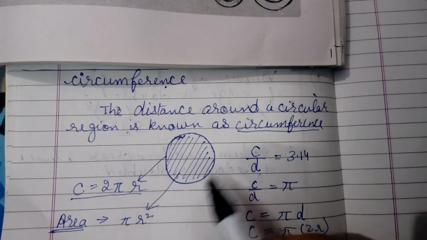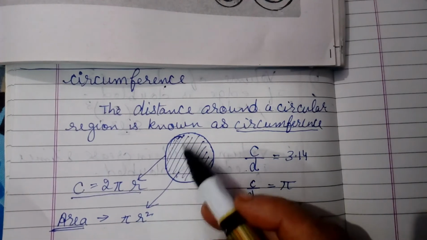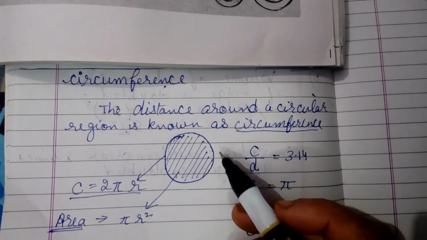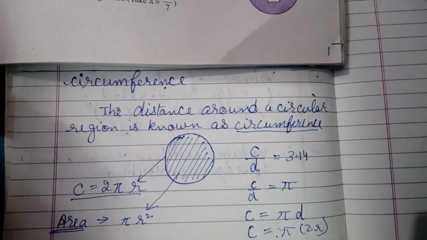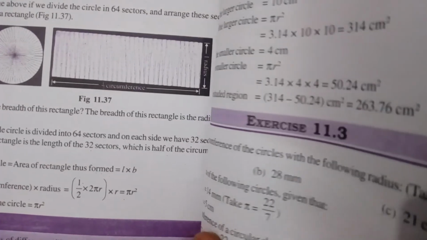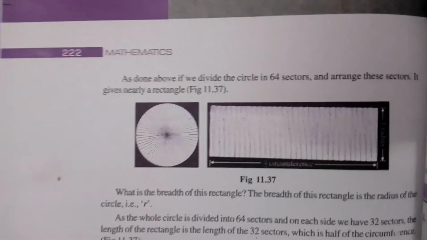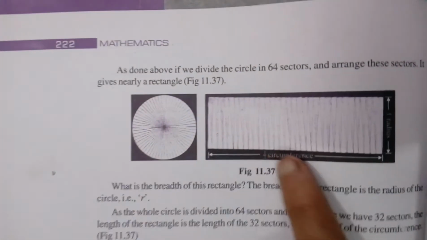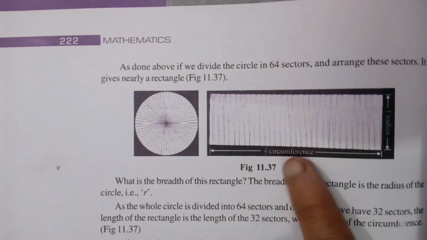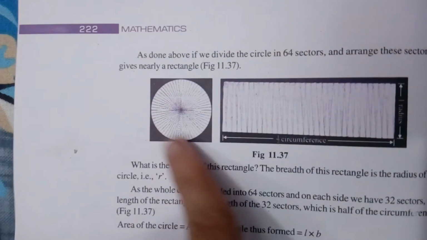So when you divide this circle into different sectors, they have also shown it in your book. Let me show you, and see how this formula was derived. A circle is divided into sectors in this way. This is the circumference, the boundary, and this is radius r.